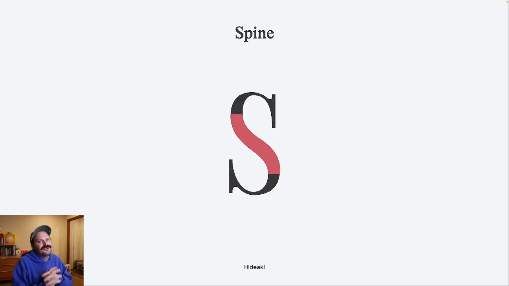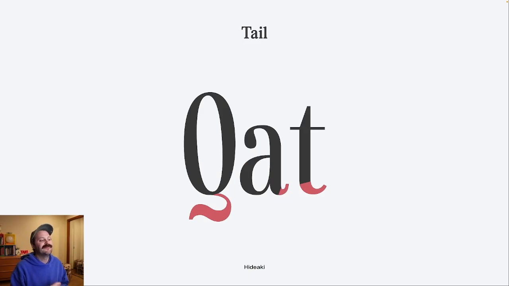Next, another human part, we got the spine. The spine exists on the S, capital and lowercase, and also sometimes on the 8. If it's kind of an old style 8, it will also have a spine. Keeping with the S, we have the beak. The beak is a portion that's kind of a serif, but it's kind of an extension of the stroke of the S. That is the beak. Moving forward, we have the tail.